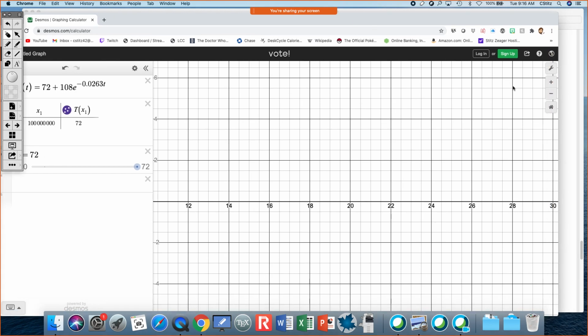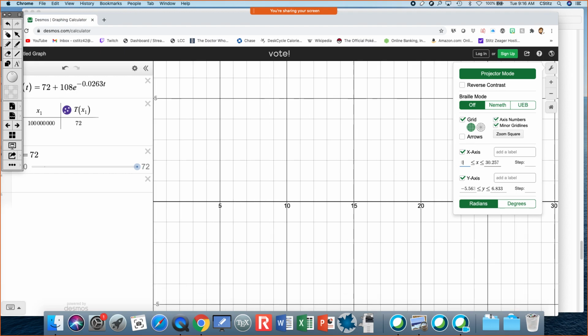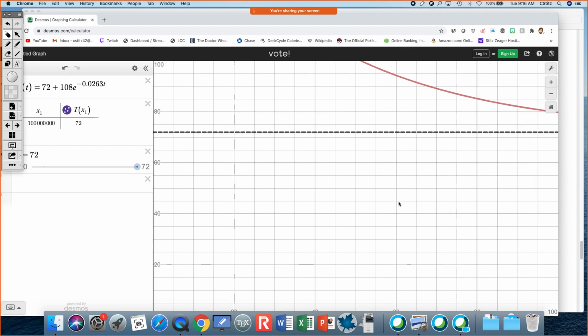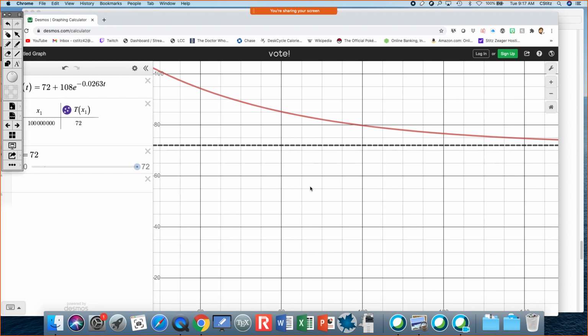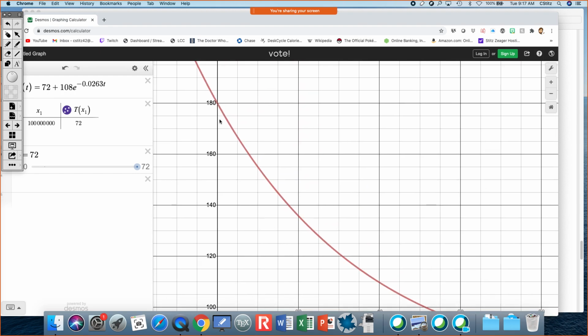And of course we don't see anything because our window isn't correct. So for the X, we'll go from, I don't know, 0 to 100. And for the Y, let's go from 0 to 100. And there we go. There's the coffee initially there at 180 degrees.